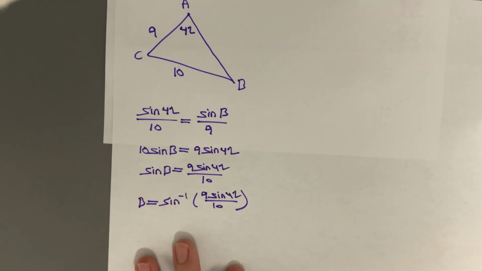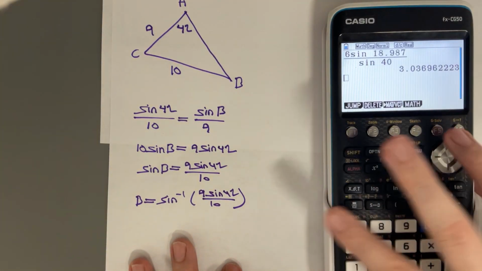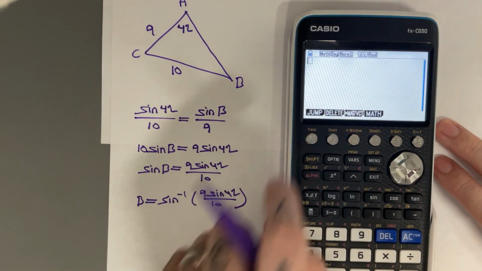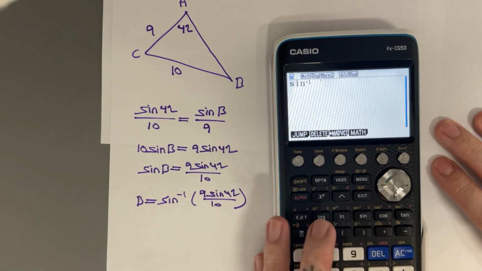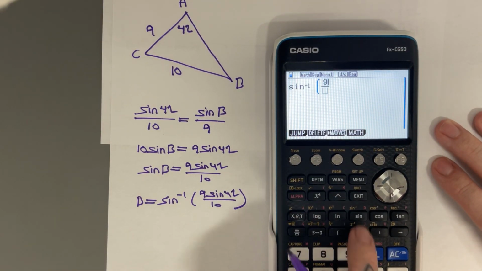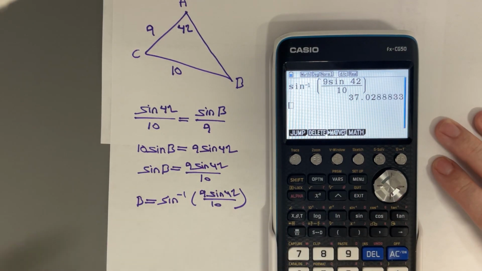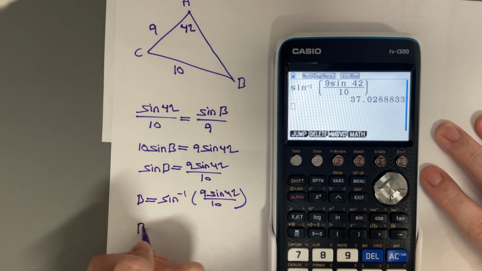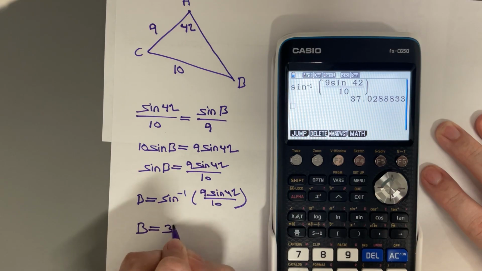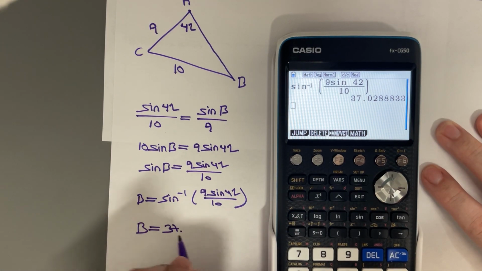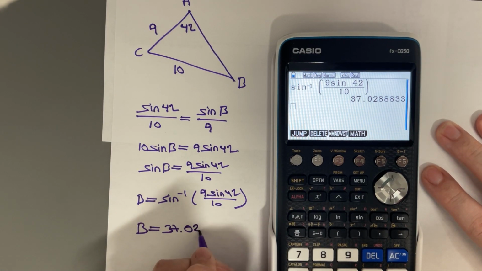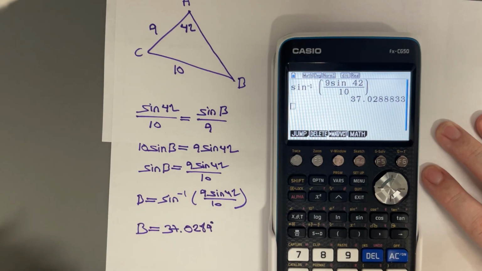Whoops, can't see. There we go. My bad. All right, so now I'm going to come over here. So inverse sine, and then 9 sine 42 over 10, which is going to give me a B value of 37.0289 degrees.